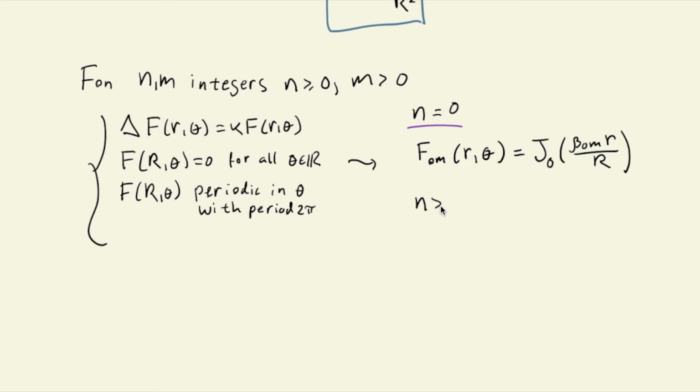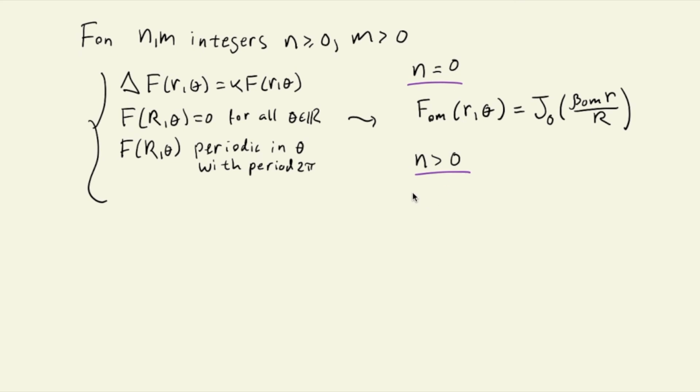And for n positive, then we get f n m. And then you need to decide if you're going to use the cosine or the sine. So there's the sine one. It's jn of beta n m r over capital R times sine theta.